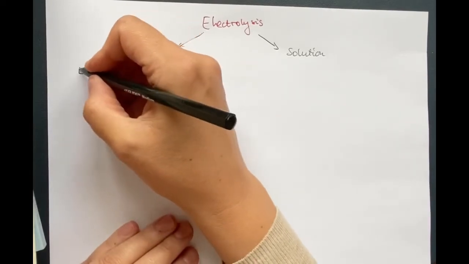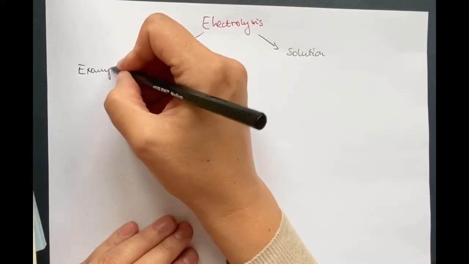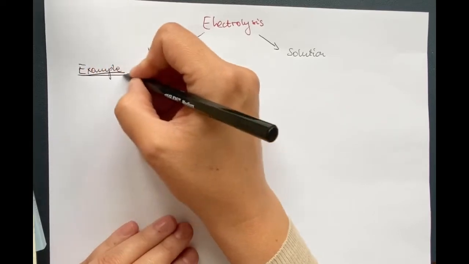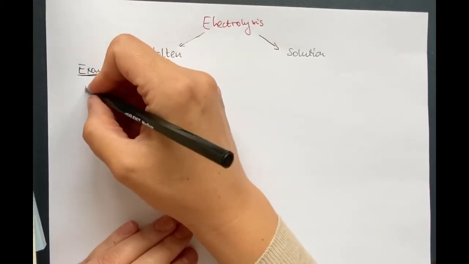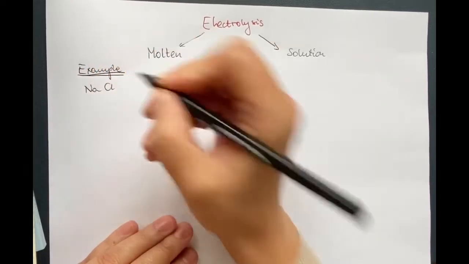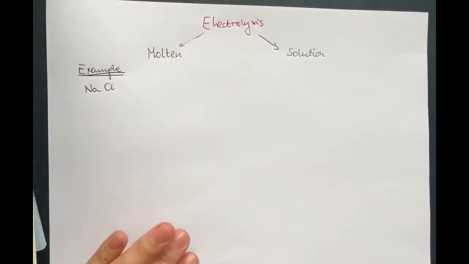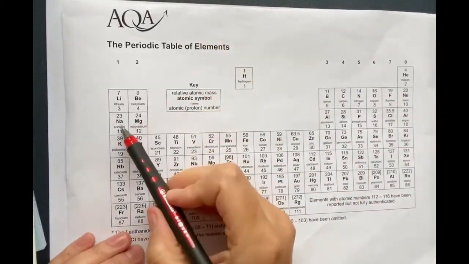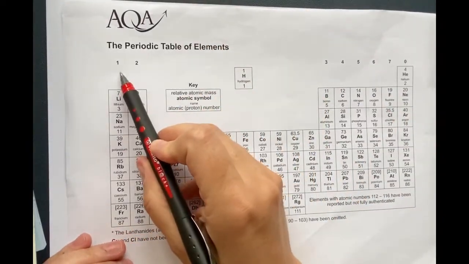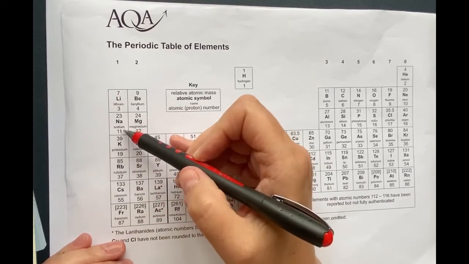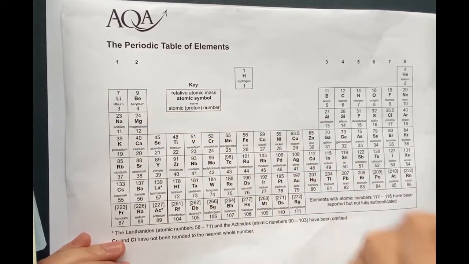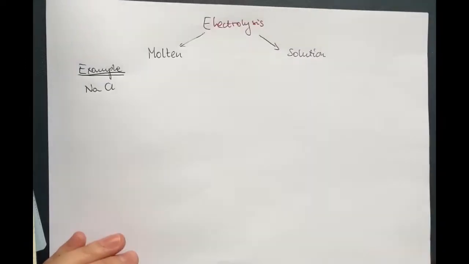Example. We're going to start with the most common example, and that will be sodium chloride. Sodium is a metal, so sodium will be a positive ion. Why is sodium a positive ion? Well, because sodium is in group 1, so it has 1 electron in its outer shell, and when sodium reacts, it will lose that electron and become positive. That's why we say sodium is a positive ion.